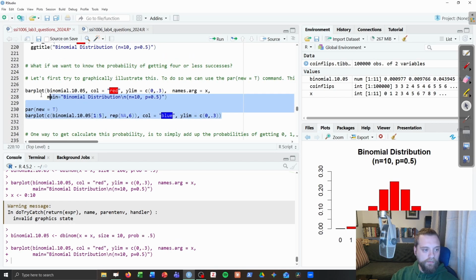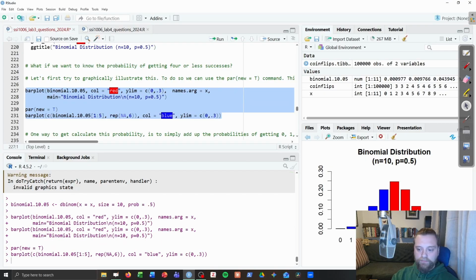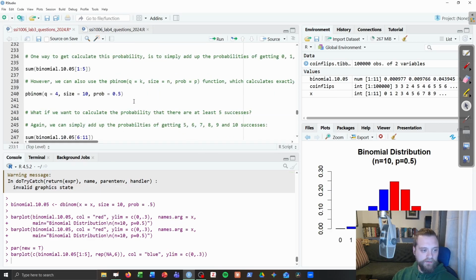Well, what we could think is, rather than knowing the individual likelihood of, say, getting 5 heads and 5 tails, or 4 heads and 6 tails, what if we wanted to know the collective likelihood of getting 4 or less? Well, again, we can do that pretty easily because we have another function here.